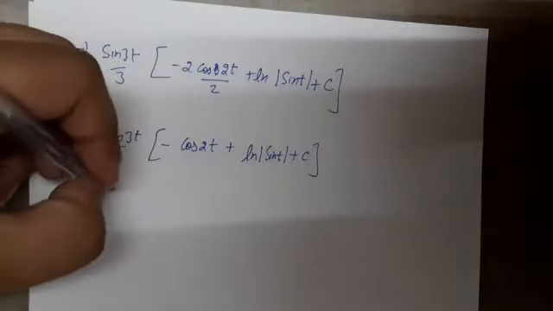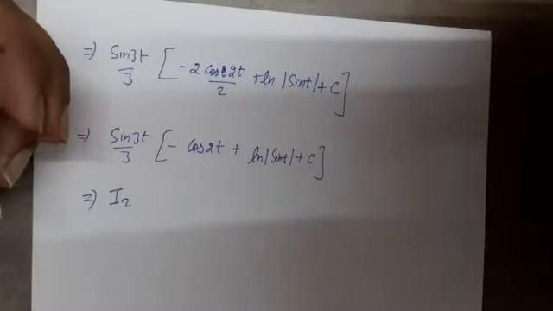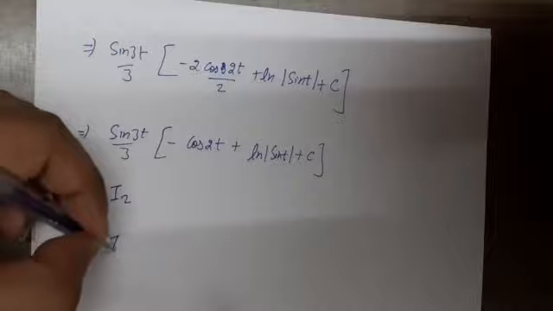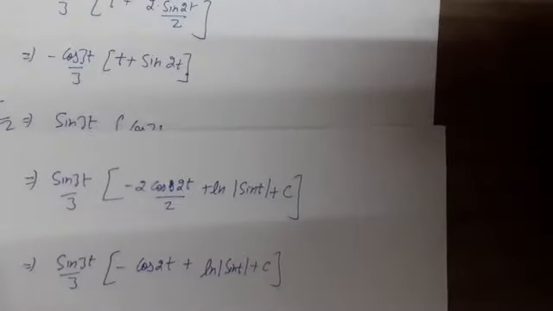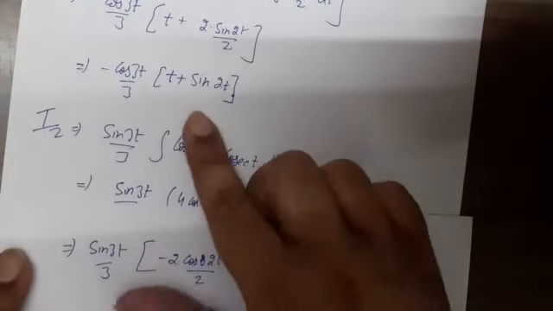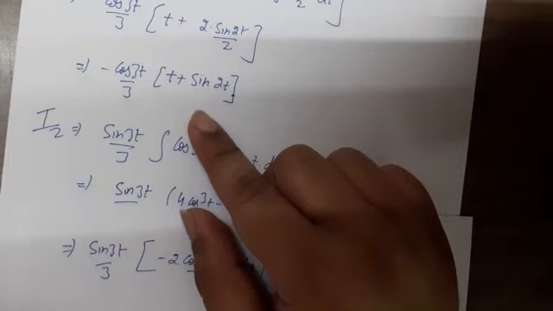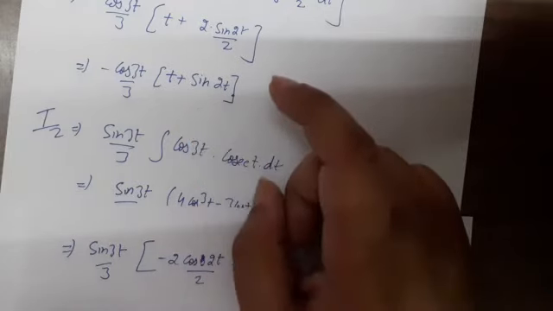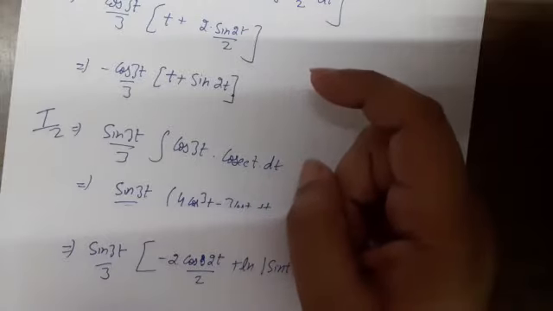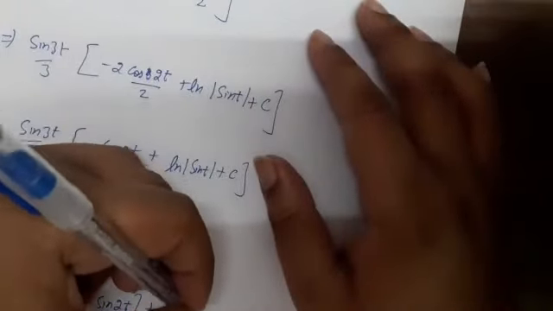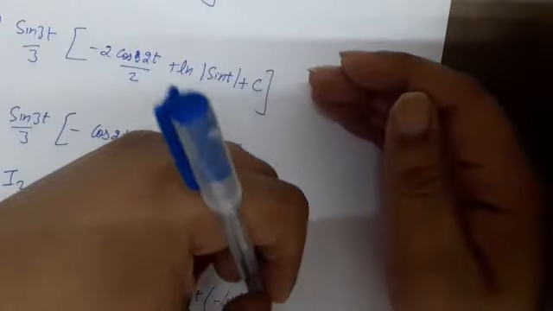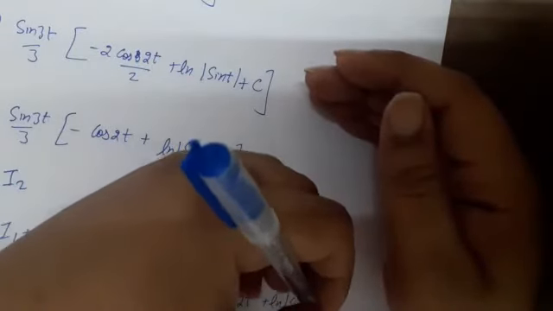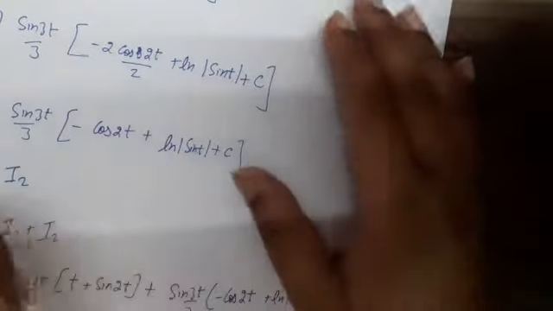So this is the solution for I2, and since yp was I1 plus I2, our I1 was minus cos 3t by 3 times (t plus sin 2t), plus sin 3t by 3 times (minus cos 2t plus ln sin t) plus c.